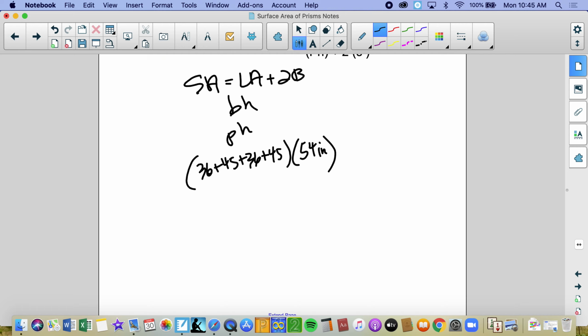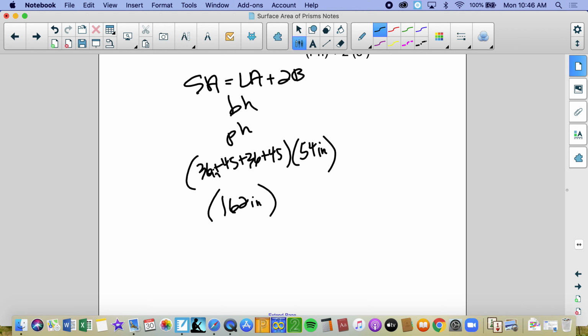So if we add that up, let's get a calculator over here. We have, let's clear it, 36 plus 45 plus 36 plus 45 gives us 162 inches, because each of those is inches, and inches plus inches doesn't give us squared, it just stays in inches because we're adding.